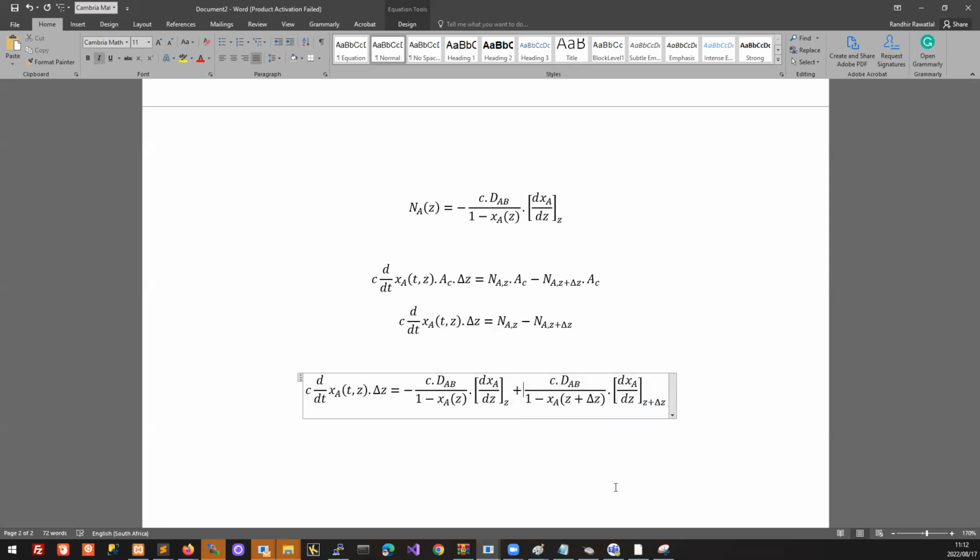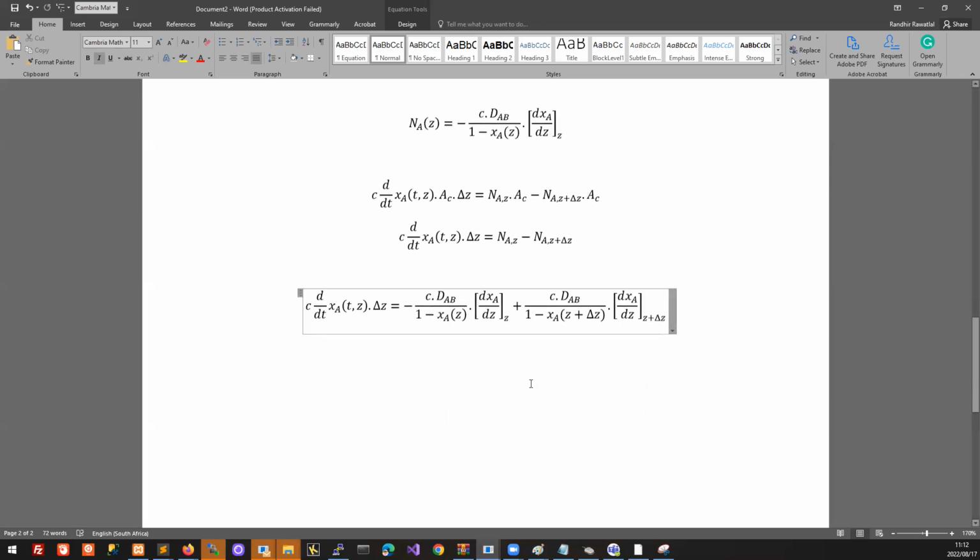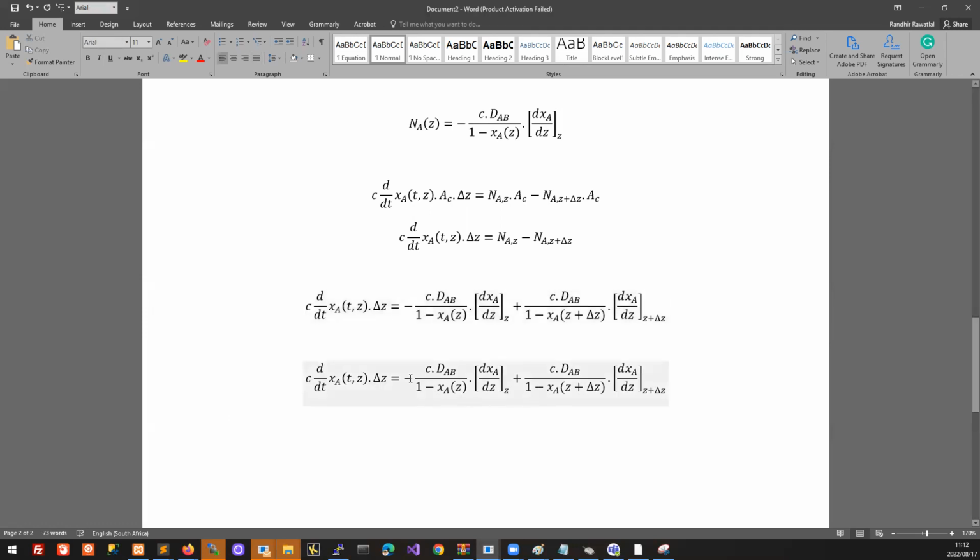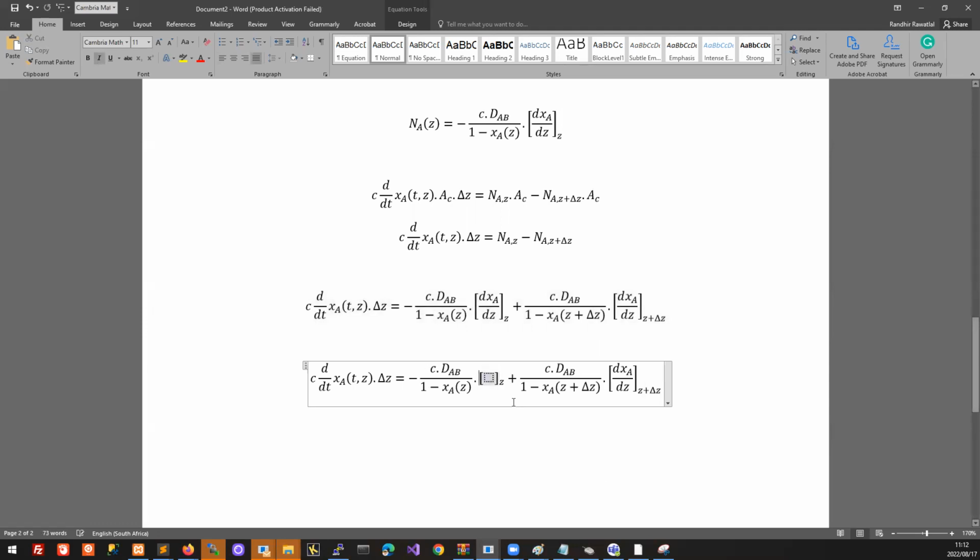Now what we could do, and this is going to seem a little strange and unnecessary, but bear with me. What we could do is say that this is a certain function that's given at a certain Z position. So what I want to do is just extract that there. I actually want to put all of this inside this square bracket.